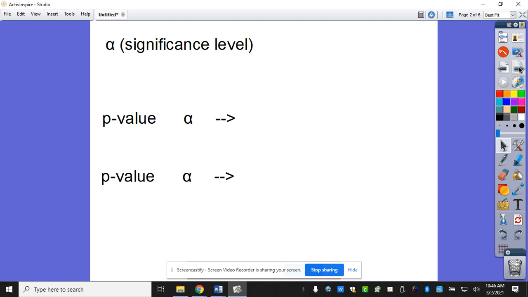So the way I wrote conclusion is we are comparing p-value to our alpha at the very end, and we are deciding whether or not our p-value is less than our alpha. So this is the conclusion sentence.